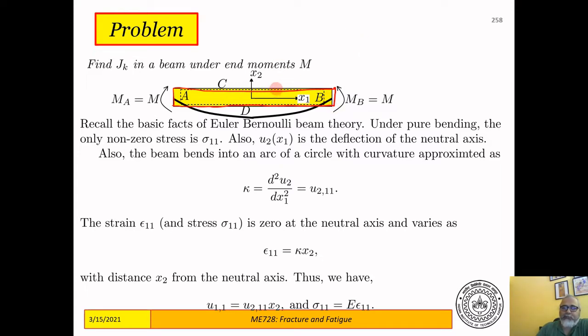So for this beam, let us just recapitulate the assumptions that are made in the Euler-Bernoulli beam theory. This beam bends when subjected to these moments.